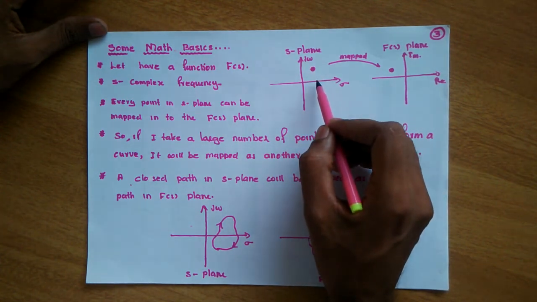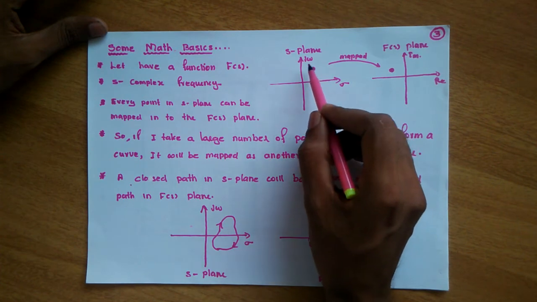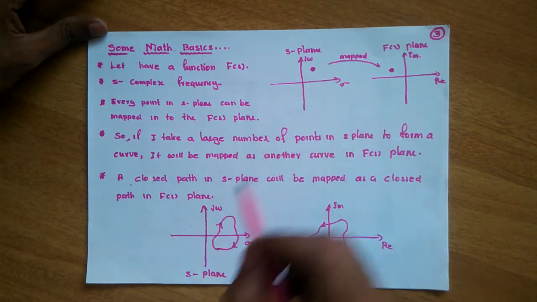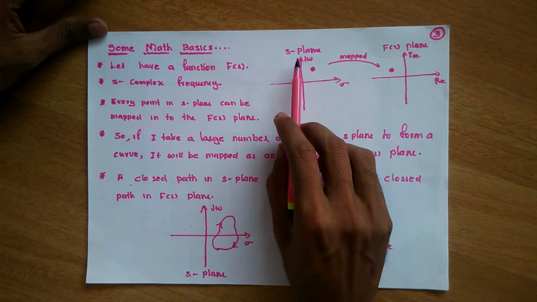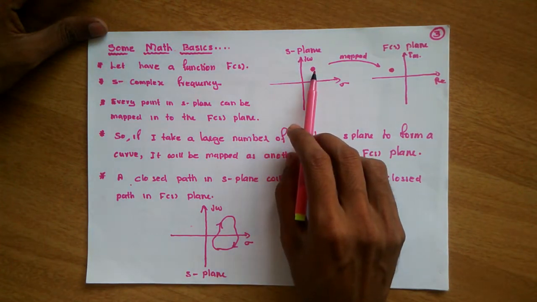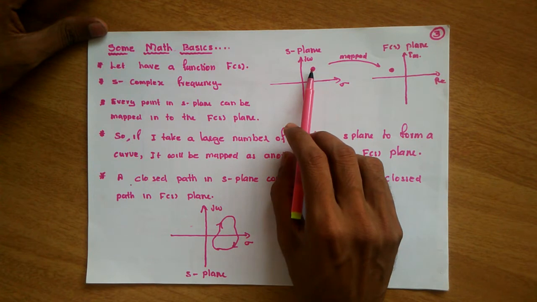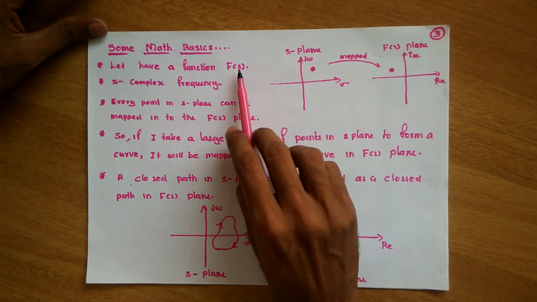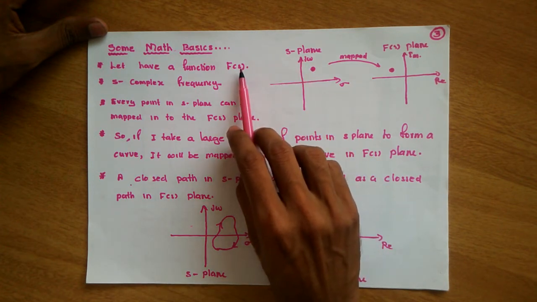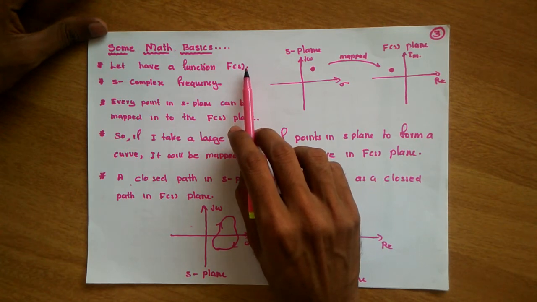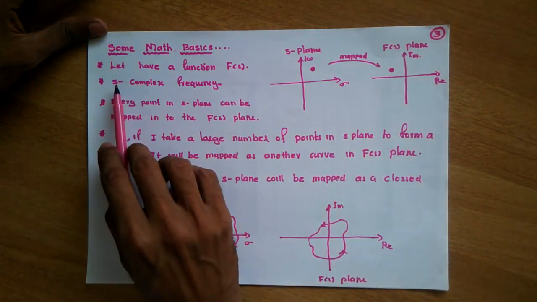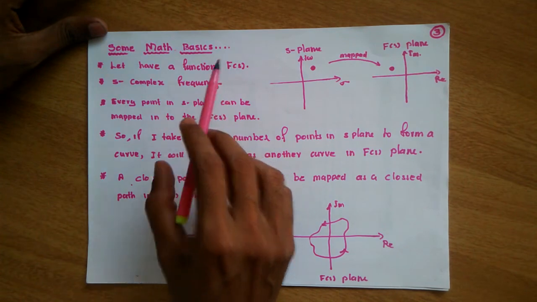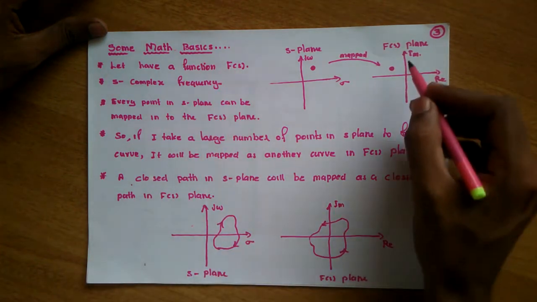Each point will give certain value for sigma and certain value of omega. So you can say that the value of s will be a complex number, and if I substitute that value of s, the complex number, in the function f of s, it also is going to be a complex number. So s is a complex number, hence f of s also will be a complex number.